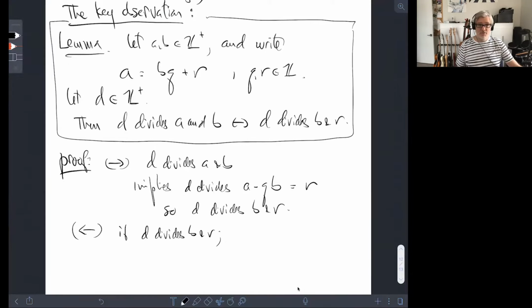It's B times Q plus R. So D must divide A also. So D divides BQ plus R, which is A. So D divides A and B, because it divided B already as a hypothesis.